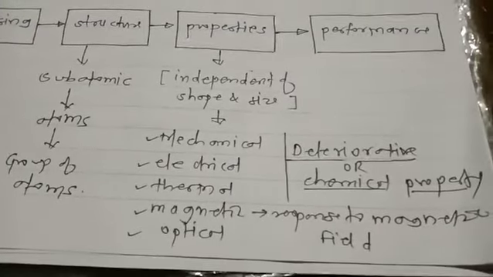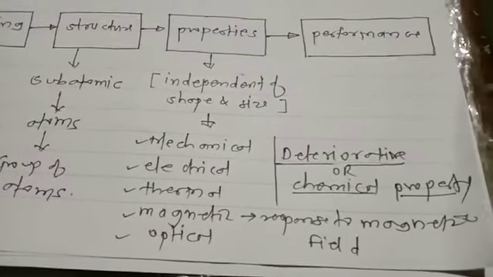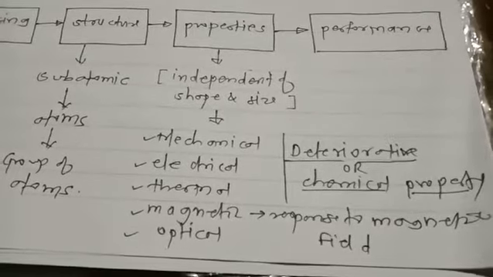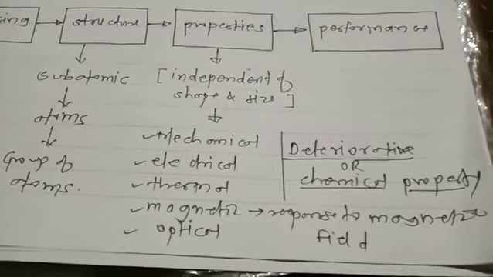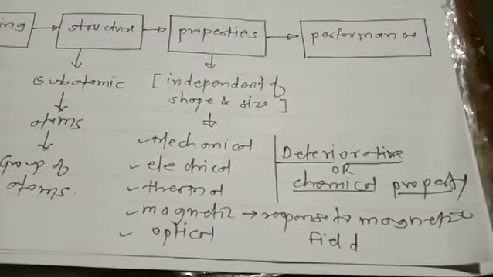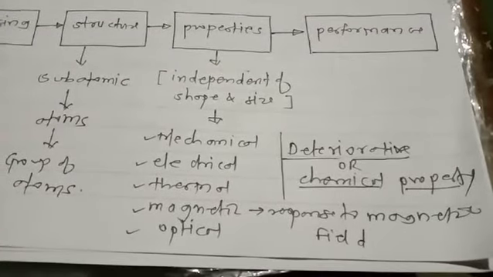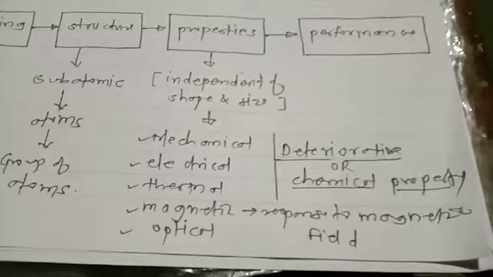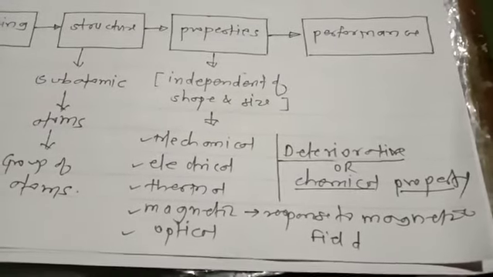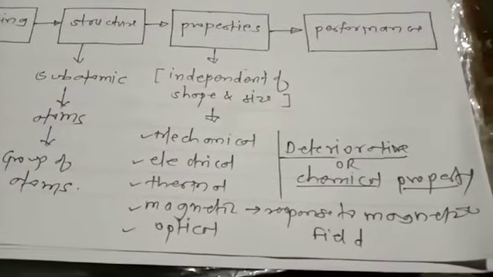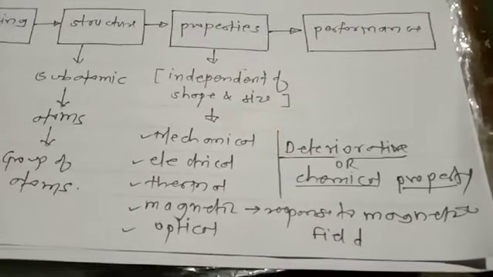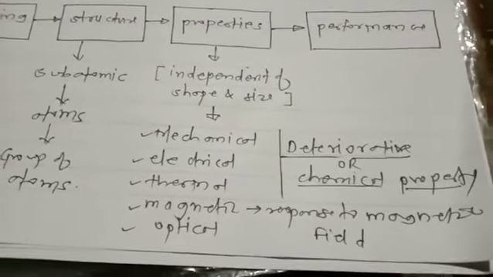Means if we impose the magnetic field over any material, how that particular material behaves to the applied magnetic field. And next one is optical property, right? If we impose light over this particular material, how it behaves, right? That is nothing but the optical property.